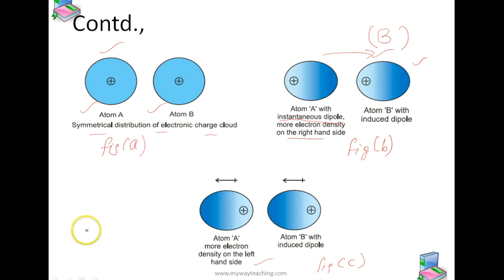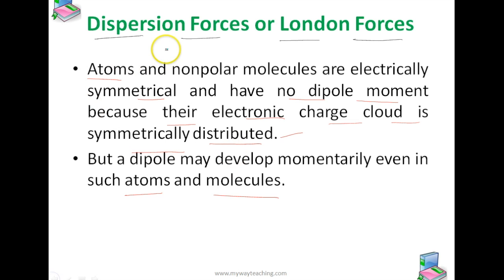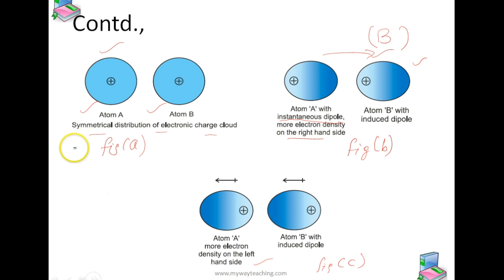As I am explaining, this is about dispersion forces or London forces. You understood the concept of symmetrical distribution, and on any one side of the atom a dipole is induced, so in atom B also there is an induced dipole, and in figure C the same thing happens.